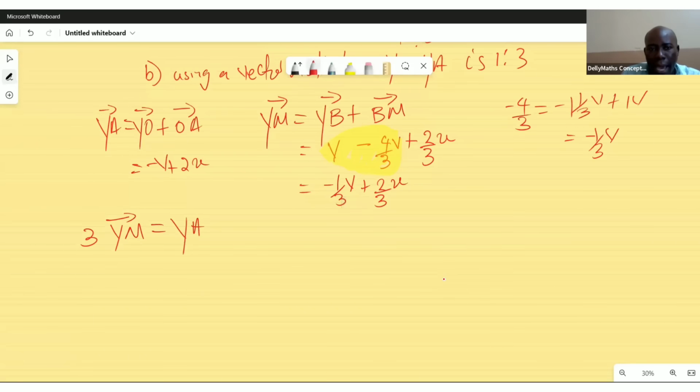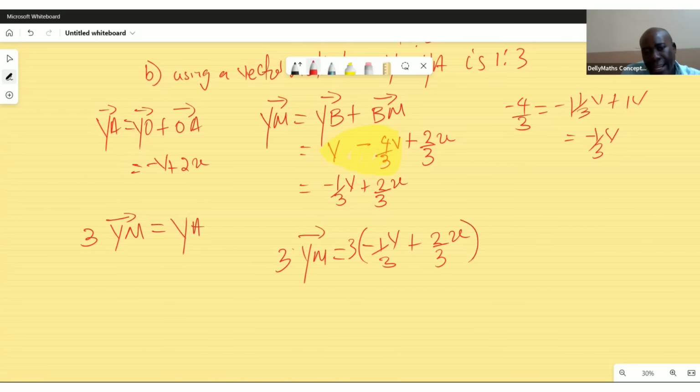Because this is my YM. So YM is -1/3 V plus 2/3 U. Now I'm going to do 3 of it. So I'm going to put the 3 out there and then distribute it. 3 times -1/3 V plus 3 times 2/3 U. Check this out. 3 into itself 1 time, 3 into itself 1 time.